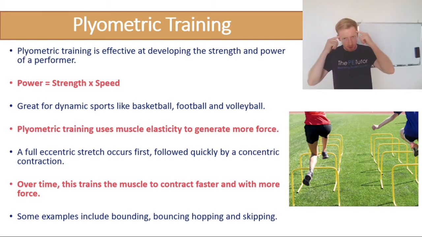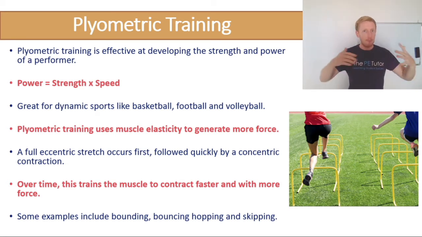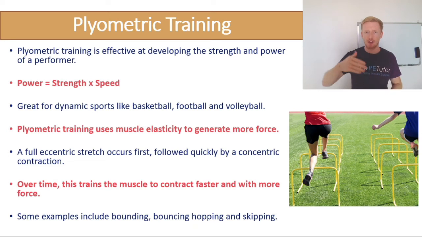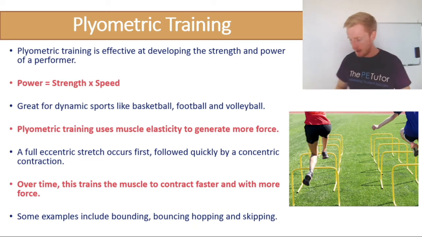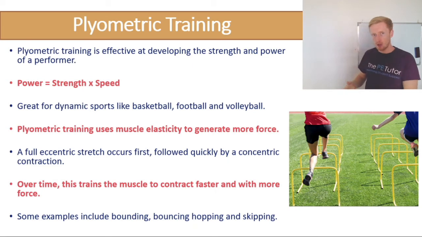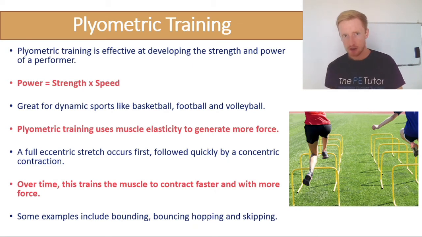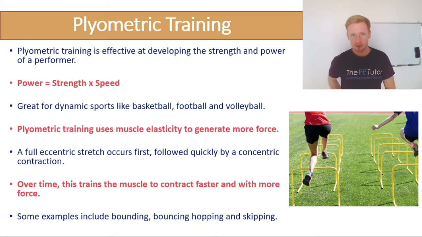If you think about a box jump or a squat jump, if you were to jump down from a box into a squat position, then your hamstrings are going to be stretching up towards your glutes. Your quadriceps on top are going to be stretching. Your gastrocnemius in your calf is going to be stretching.